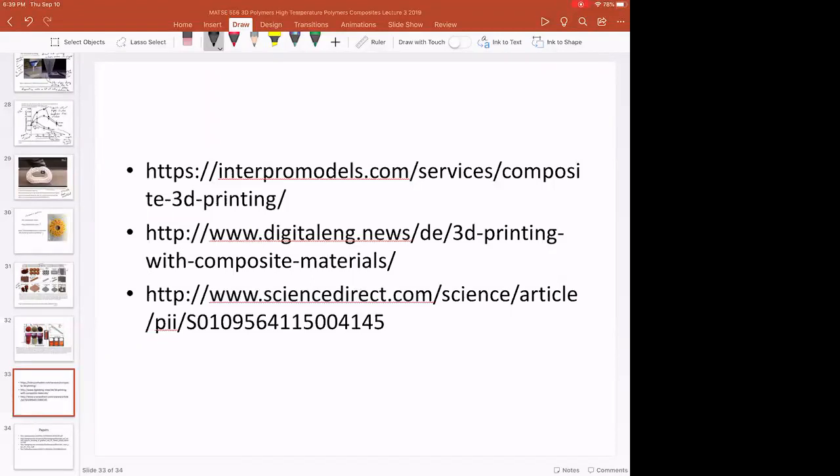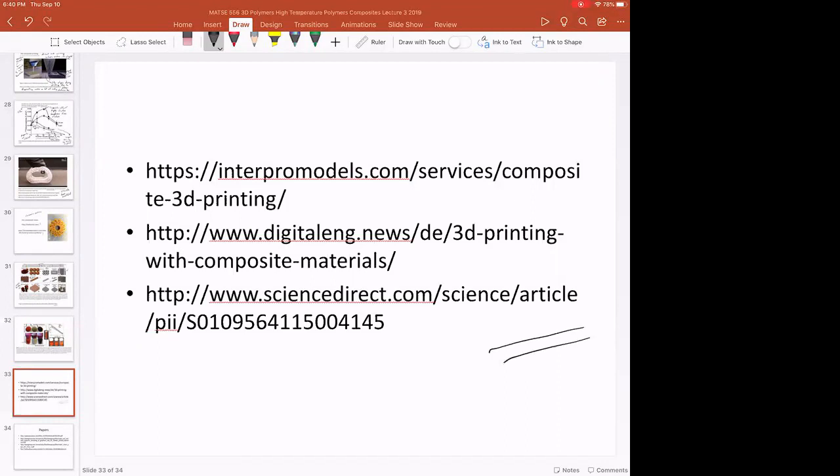All right, we have just 5 minutes left, and so I'm going to just show a couple more slides. But if you're interested in composite AM, there's lots of resources out there.